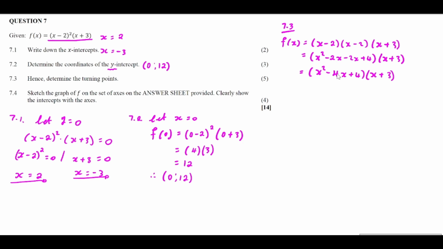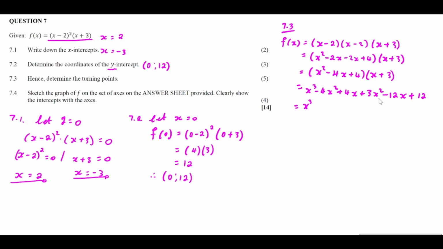X plus 3 is going to multiply everything inside the bracket, so you're going to have x multiplied by x squared giving us x to the exponent of 3, minus 4x to the exponent of 2, plus 4x, plus 3x to the exponent of 2, minus 12x, plus 12. The simplified cubic standard form is going to be x to the exponent of 3.